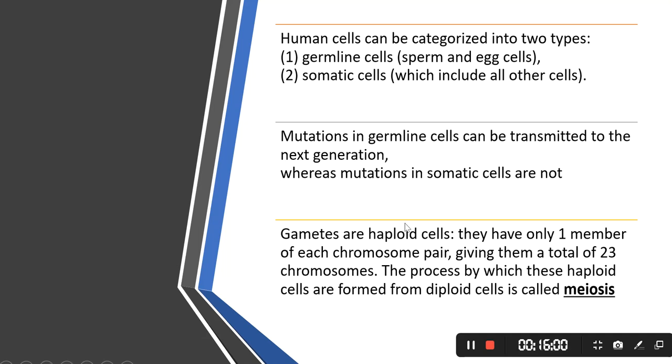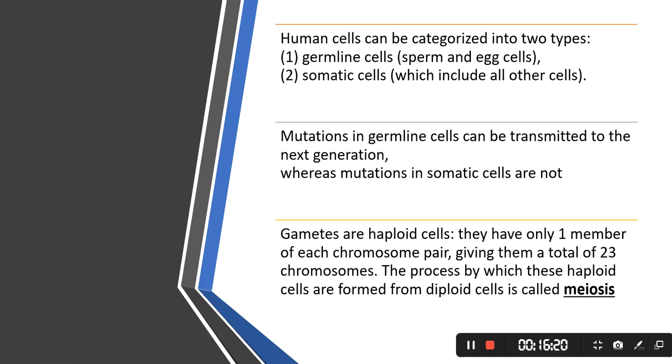Now what are gametes? The other name for sperm and egg cells is gametes. They are haploid cells. And why are they called haploid? Because all the other cells of the body contain 22 pairs of chromosomes, plus XX if it is a female, XY if it is a male.